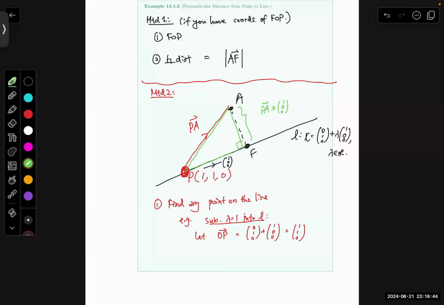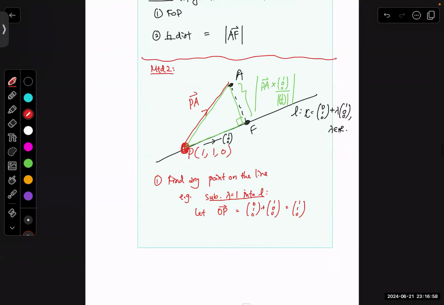But by right, I need to divide by the modulus of 1, 0, 0. It just so happens that the modulus is 1. Then I take the modulus of the whole thing. So the idea is that I use the modulus of the cross product.